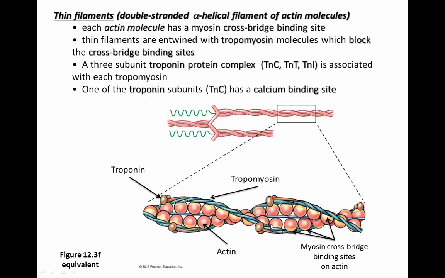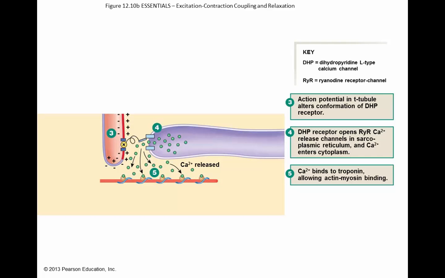So myosin cannot interact with actin in a force-producing way in relaxed muscle because tropomyosin is blocking its interaction site. When the calcium binds to troponin C, it facilitates the movement of tropomyosin away from that site, and then force can be generated.